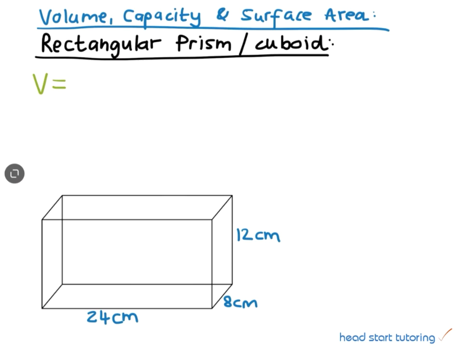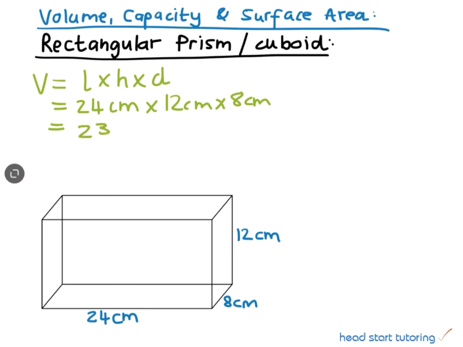So the volume is equal to length times height times depth, and that is equal to 24 centimeters multiplied by 12 centimeters and then multiplied by 8 centimeters. Right, so that will give us an answer of 24 multiplied by 12 multiplied by 8 is 2304, and because we are multiplying centimeters by centimeters by centimeters, our answer is in centimeters cubed.